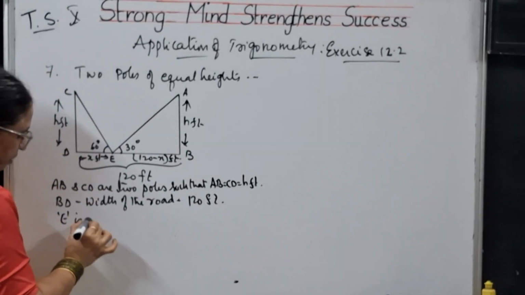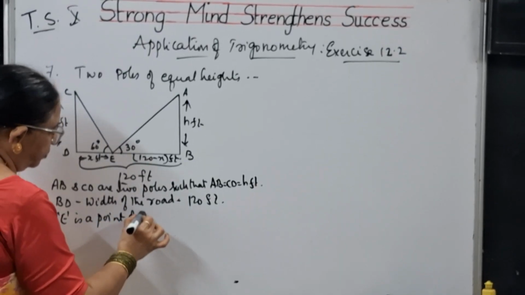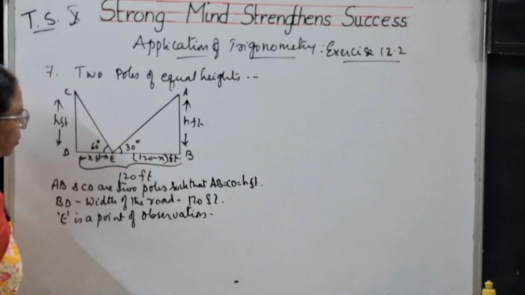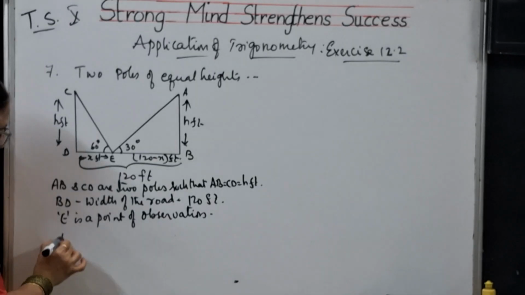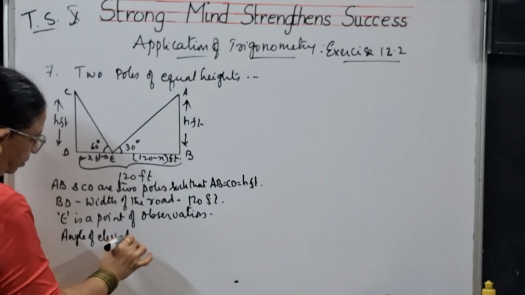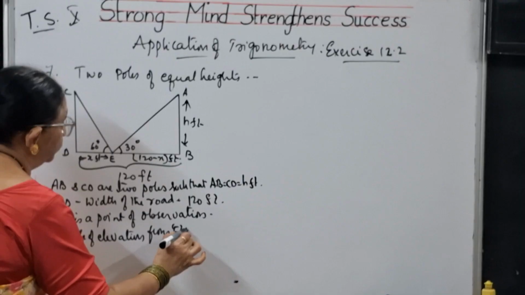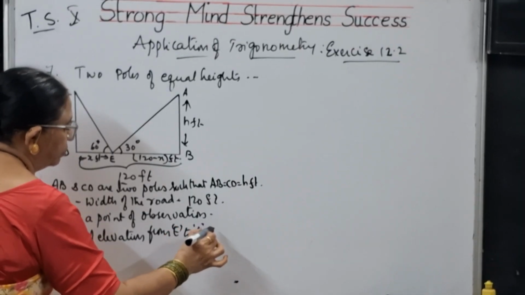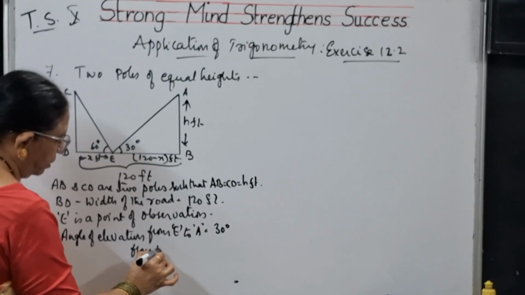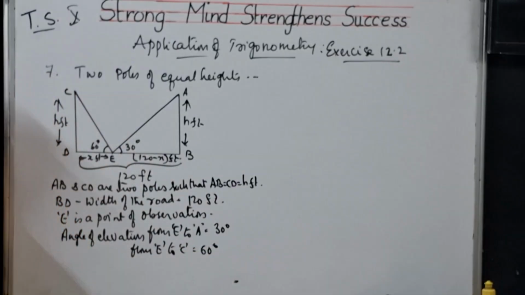E is a point of observation. This is the point of observation. So, the angle of elevation from E to A is equal to 30 degrees, and from E to C is equal to 60 degrees.